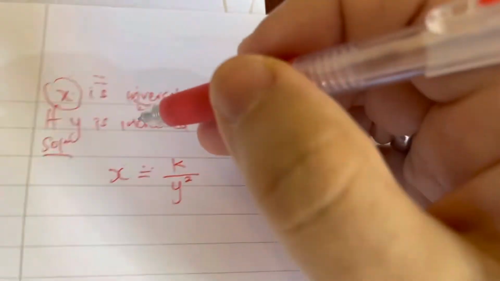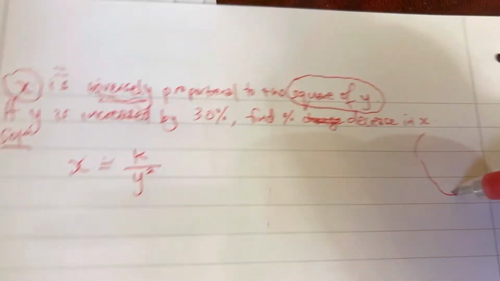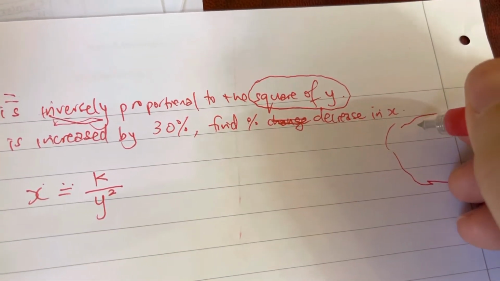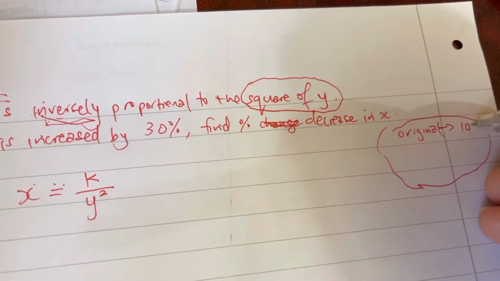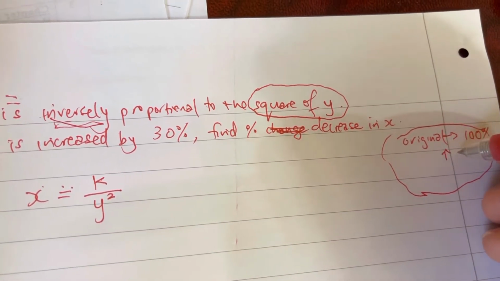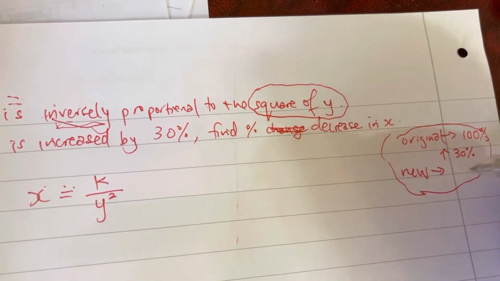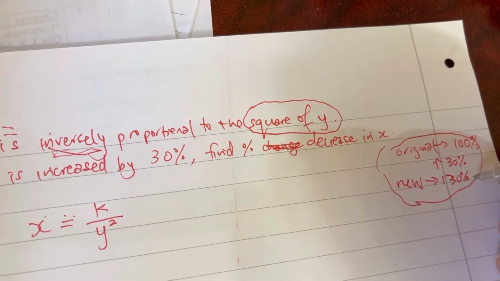All right, now if y is increased by 30%, now I'm going to write the working here. Original is always 100%. Now when we increase this by 30%, the new value will be 130% of the old y.